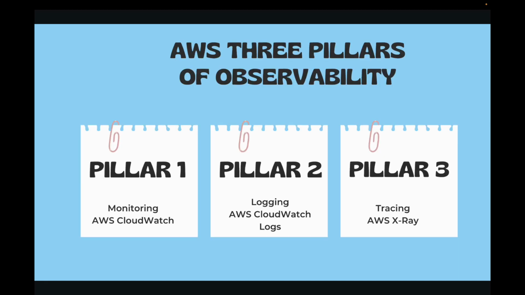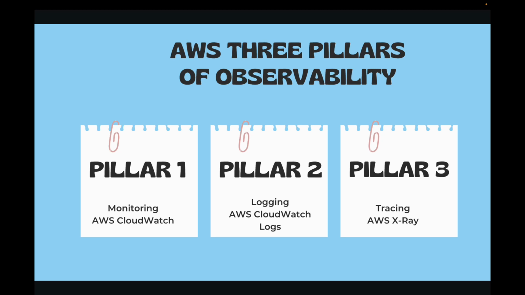And now let's see the three pillars of observability. So AWS has three pillars. Pillar number one is monitoring, and the product that allows you to do it is AWS CloudWatch. Pillar number two is logging, and AWS CloudWatch Logs allow you to go ahead and hold all the logging information.